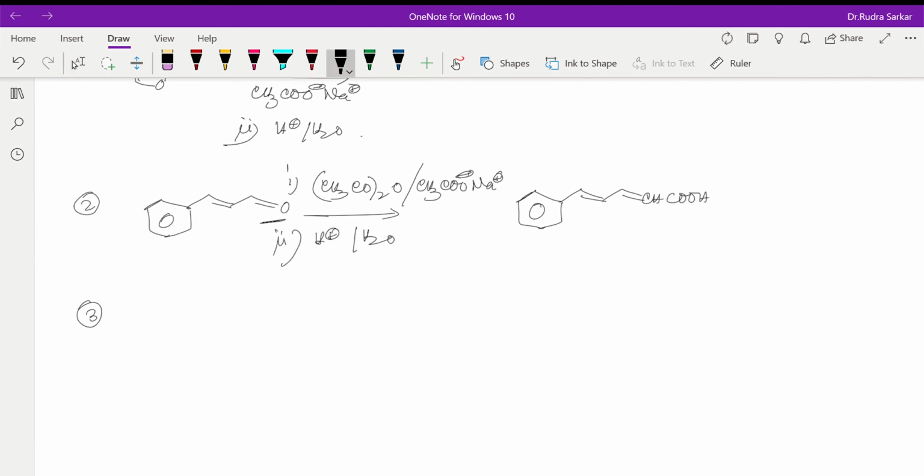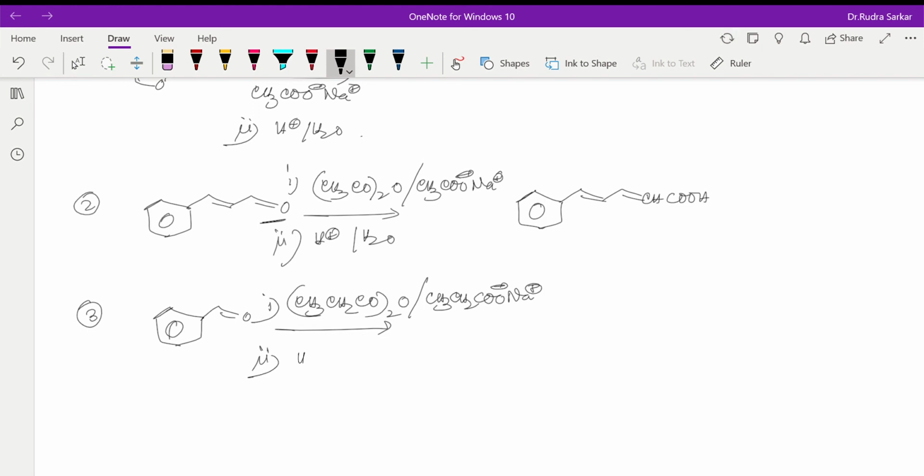Number 3, suppose you have been given benzaldehyde, but I am changing the anhydride now. So I've given you CH3CH2CO anhydride. So this is the anhydride of propionic acid. So the salt also should be CH3CH2COO minus Na plus, with acidic workup.